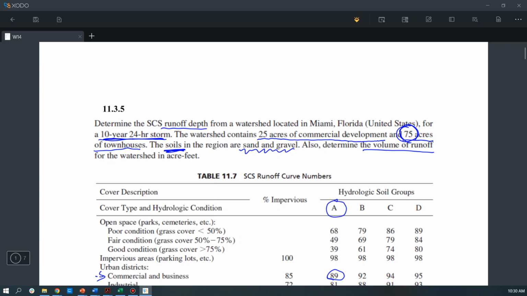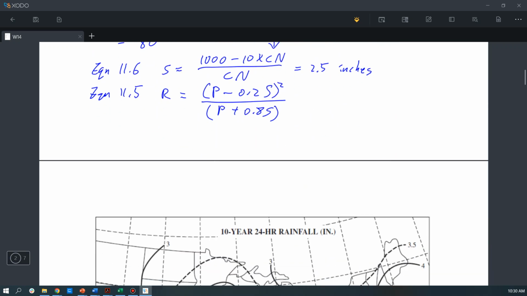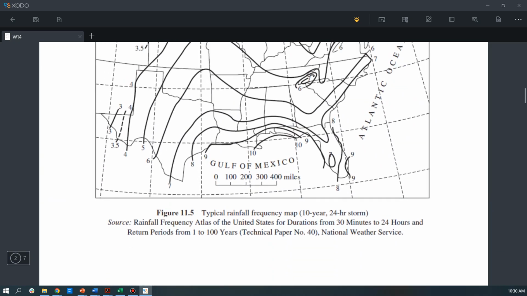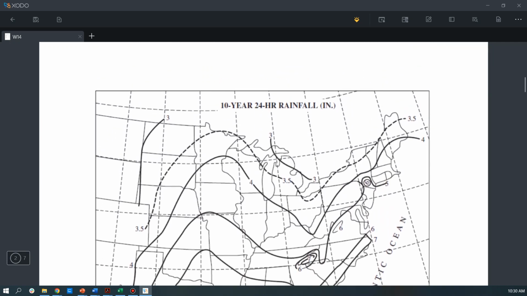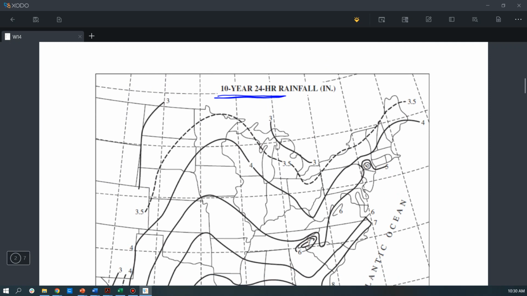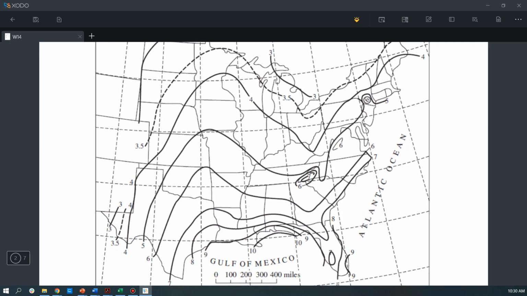It's designed for the 10-year 24-hour storm, and it's happening in Miami. So we can use figure 11.5, which is the contour map for the 10-year 24-hour rainfall in the US. Miami is around here.